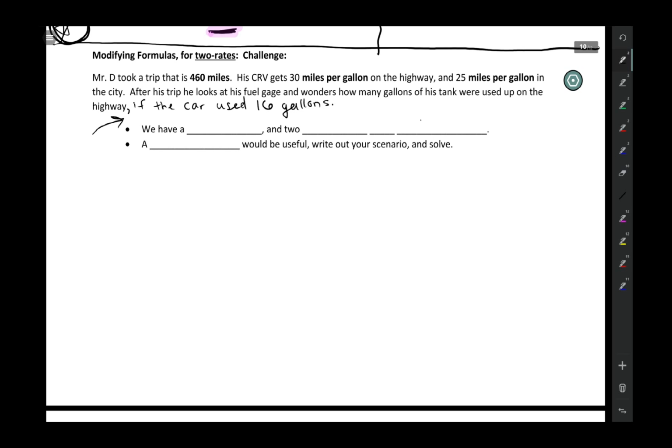The reason this is called modifying a formula, well, we're going to think of it as a strategy. We have a distance, and instead of one rate of change, we have two rates of change. So we have rate 1 and rate 2.